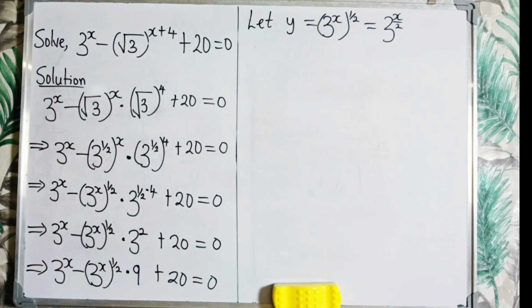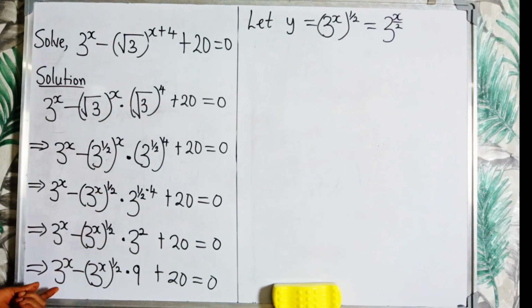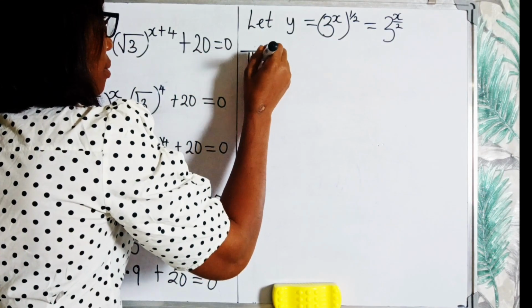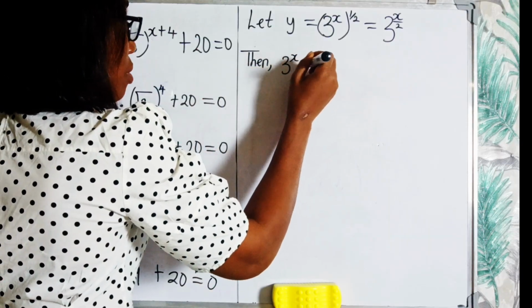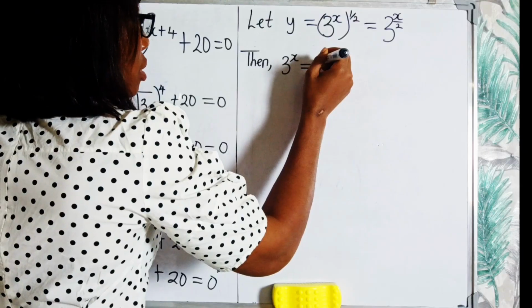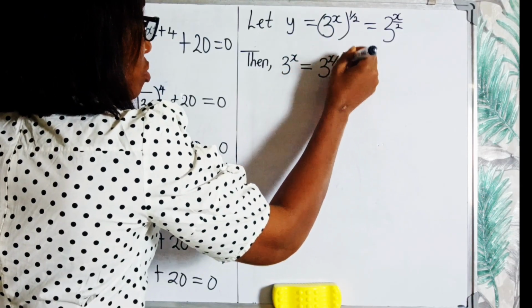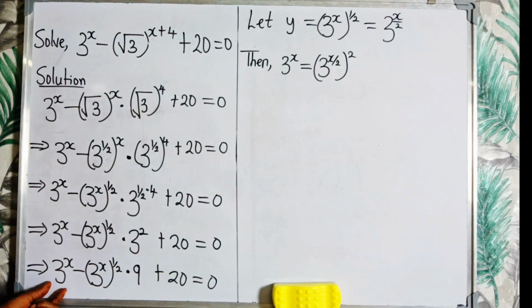Now, remember that from the proof I did earlier, this is twice what we have here. So 3^x is now equal to (3^(x/2))^2.